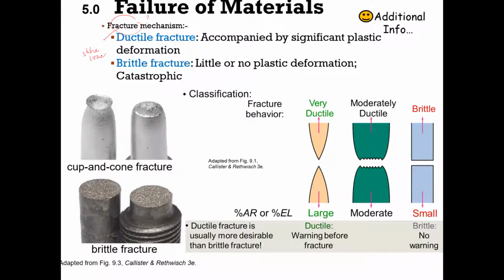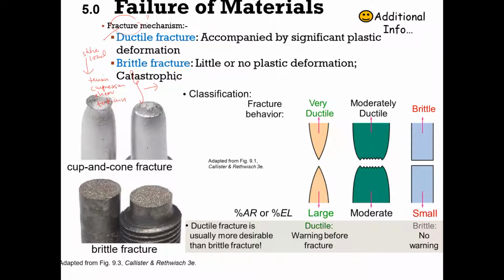Okay, static load. So this static load that is applied to that particular body can be in the form of tension, compression, shear, or even torsion. And this load leads to fracture.